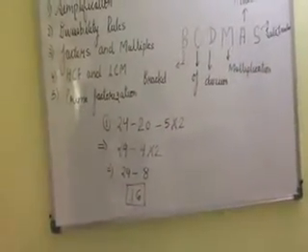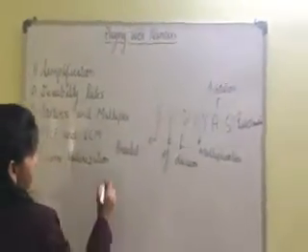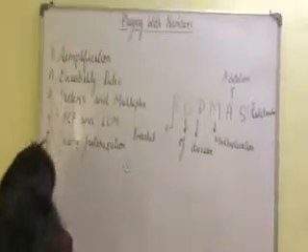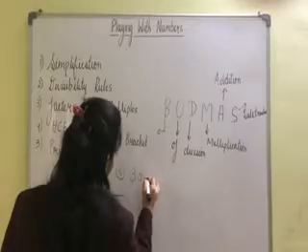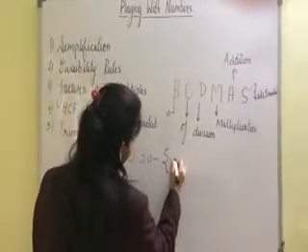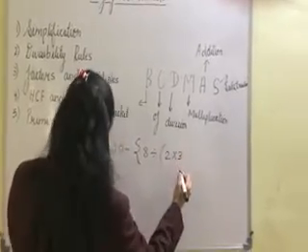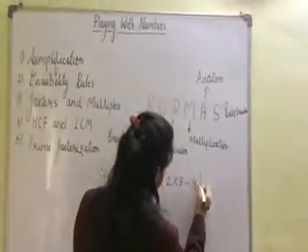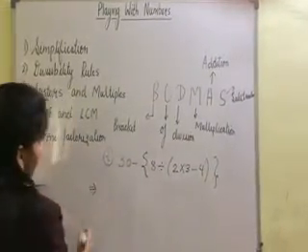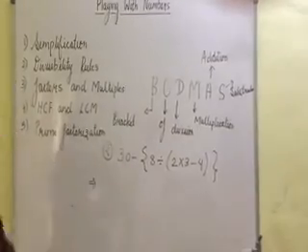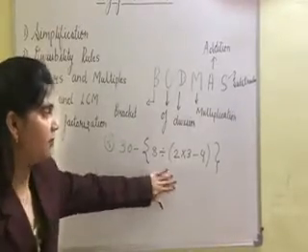Now see one more example. Second example is 30 minus curly bracket 8 divided by small bracket 2 into 3 minus 4 bracket close, curly bracket close. To solve this expression, first of all you have to know what are brackets. How many types of brackets are there?